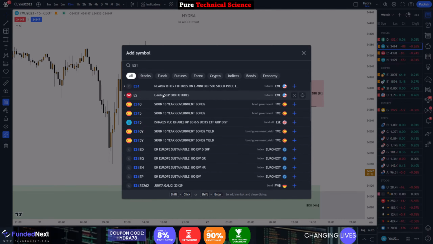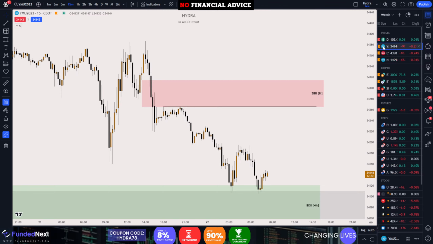You press here, E-mini S&P 500 futures. Once you click here, then you should be clicking into this, go to the symbol button. It will take you to your ES chart, and then you will have to purchase a subscription that will be like $6 in American. Yeah, that's it, and then you will be able to see what I'm showing you here.